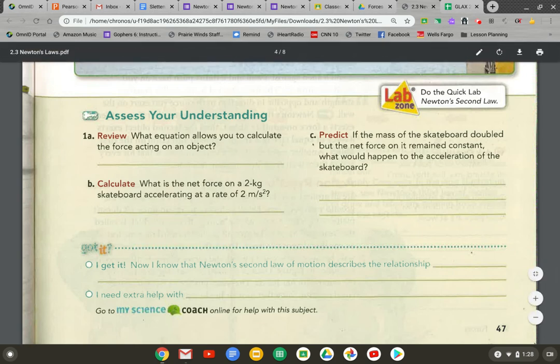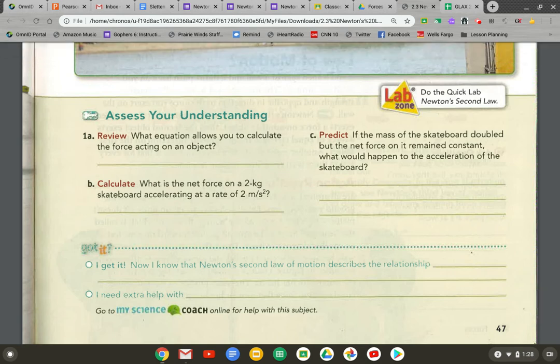Finally, letter C, they're asking us to predict. If the mass of the skateboard doubled, but the net force on it remained constant, what would happen to the acceleration of the skateboard? We're doubling the mass but keeping the net force the same.